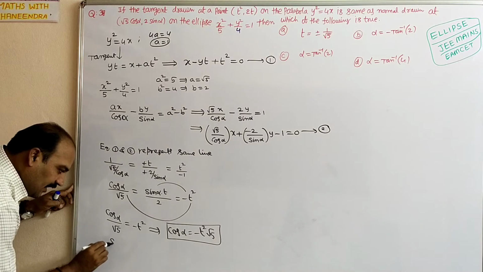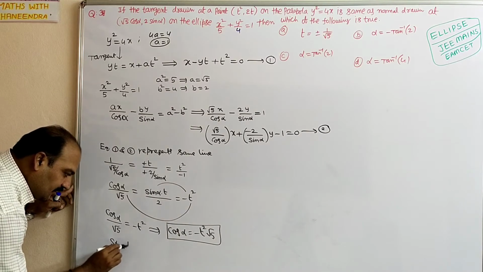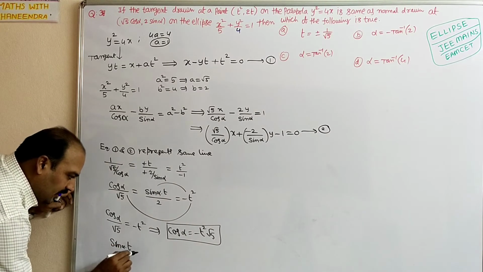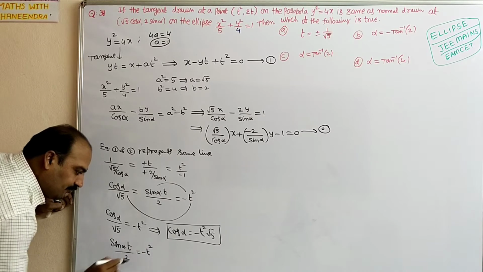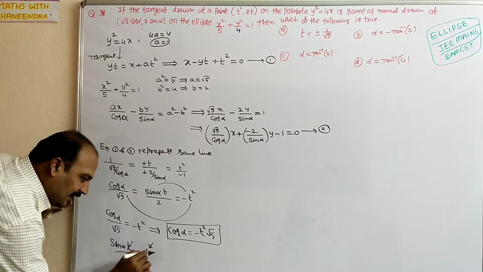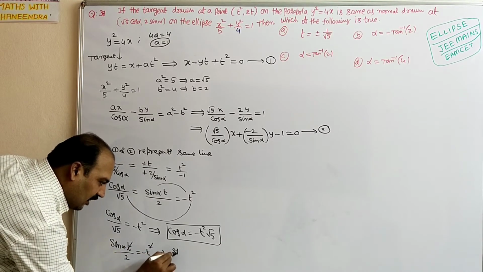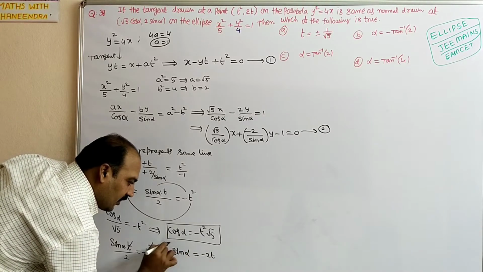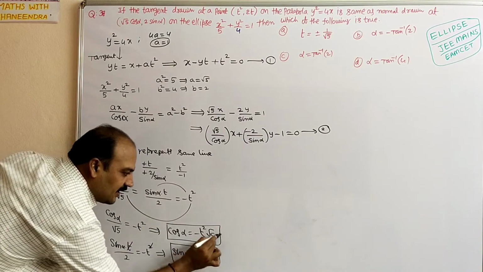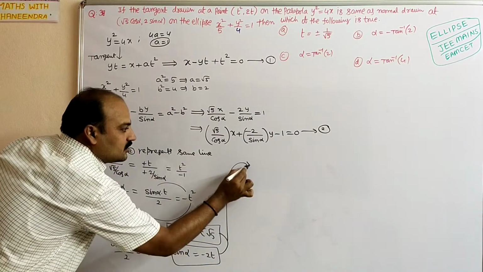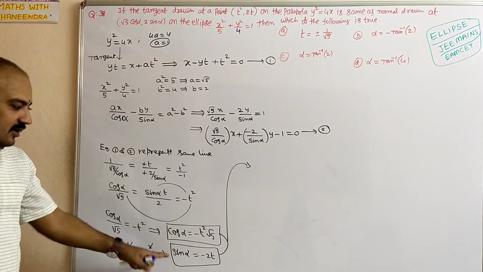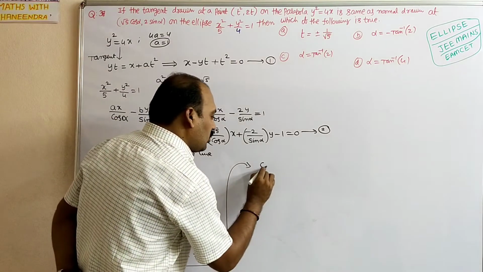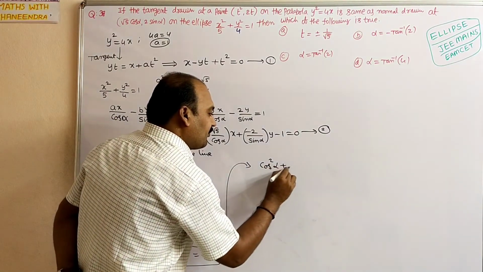Similarly, sin alpha into t divided by 2 equal to minus t square. One of the t cancels, and cross multiplying, sin alpha equal to minus 2t. The relation between sin and cos we know: cos square alpha plus sin square alpha equal to 1.